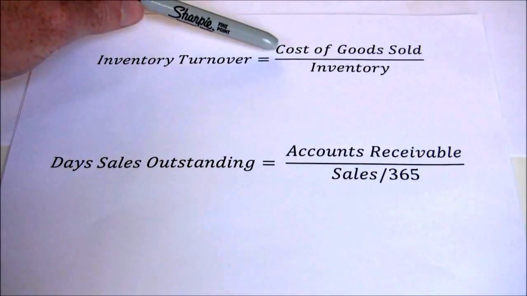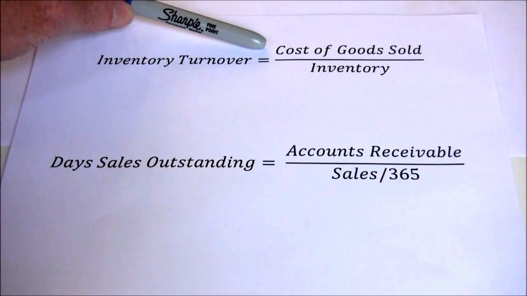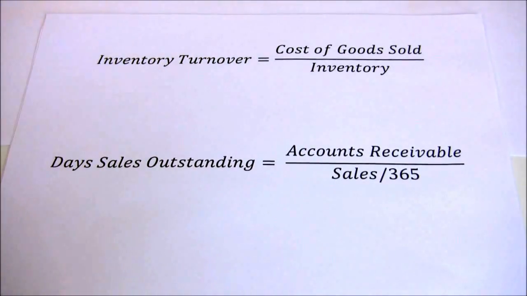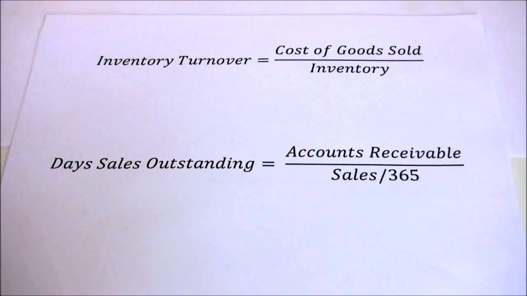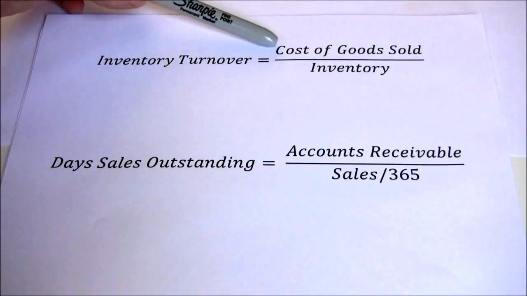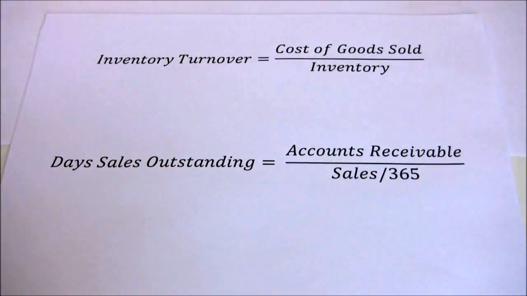One of the problems with using cost of goods sold here is one reason we might see a higher inventory turnover is if we have a higher cost of goods sold. A company with a lower inventory turnover ratio using cost of goods sold might have a higher inventory turnover ratio using sales because they're able to get better profit margins. So I think you can make an argument for either approach. However, in this class we're going to use cost of goods sold. It seems to be a little more commonly used.